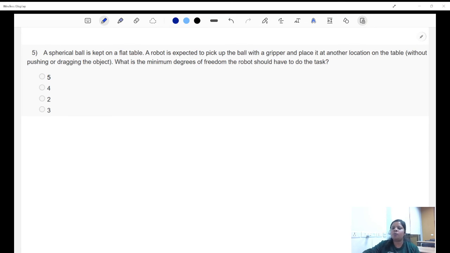You should be able to move along the x-axis, you need to be able to move along the y-axis, and you need to be able to move along the z-axis. So you need to move along all the three axes. So you need three. We might need more if we want to look for gripper orientation as well, but we do not need that. We just want to navigate in 3D. So we must have at least X, Y, and Z motion.